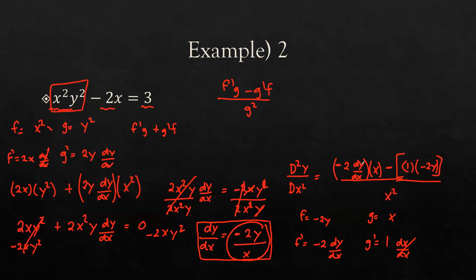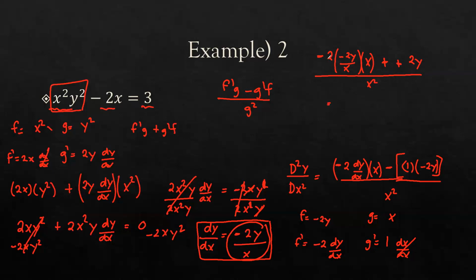What I'm going to do is simplify, and I'm going to substitute dy/dx with negative 2y over x. So let me do that. dy/dx is negative 2y over x, times x, minus, what's 1 times negative 2y, is negative 2y, and then there's also a minus, so two minuses become a positive, all over x squared.